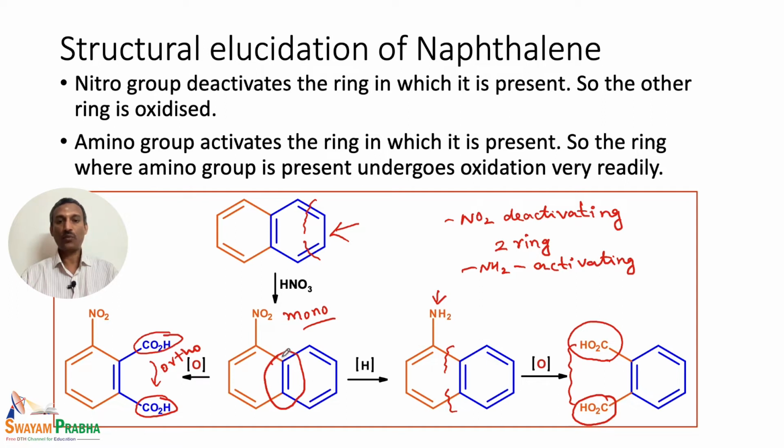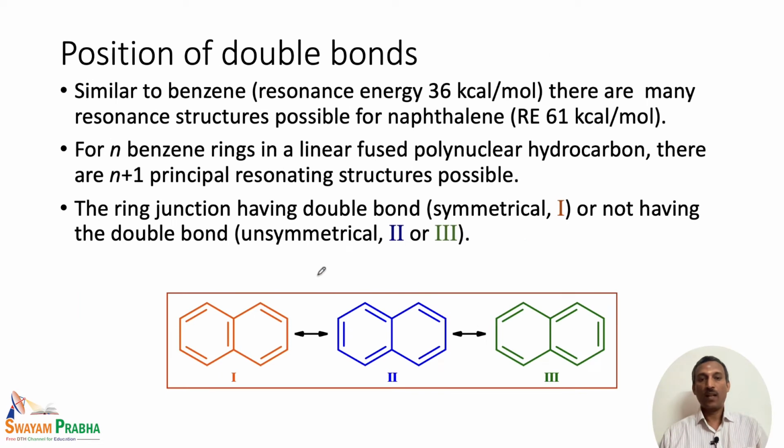This is how the fusion of both the rings leads to the naphthalene derivatives. And the molecular formula of naphthalene is C10H8. From the double bond equivalents we can identify there are 5 double bonds and 2 rings. All those things we can deduce, and which you are already familiar with.